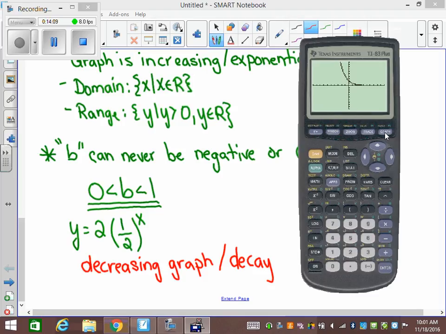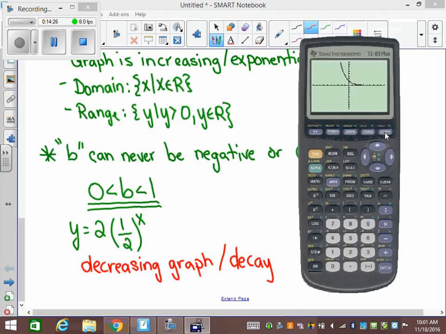What's my y-intercept at? 2. It's still going to be at 2 because when I plug a 0 into here, a half to the exponent 0 is 1, right? Everything to the exponent 0 is 1. So my y-intercept is still my a value.